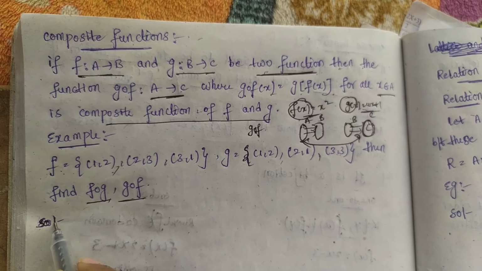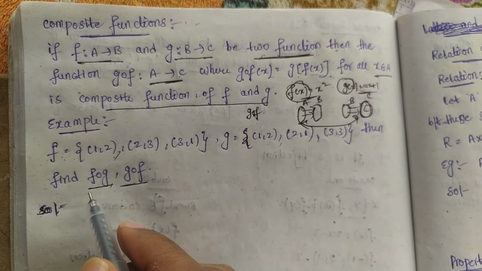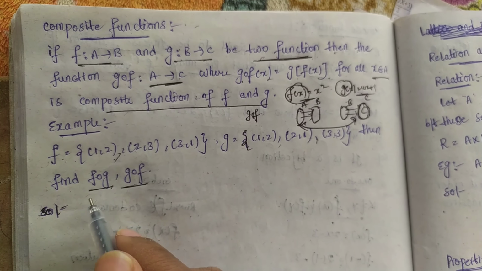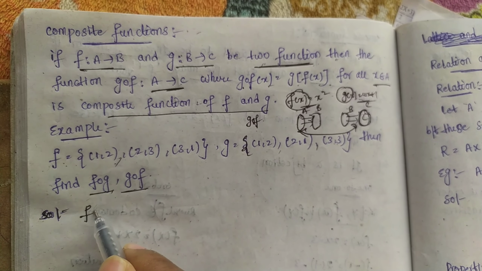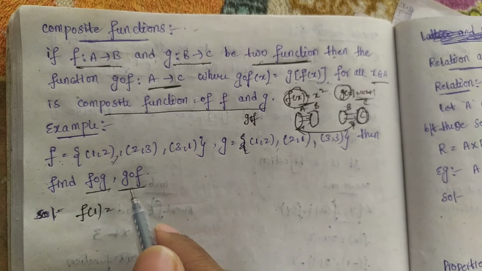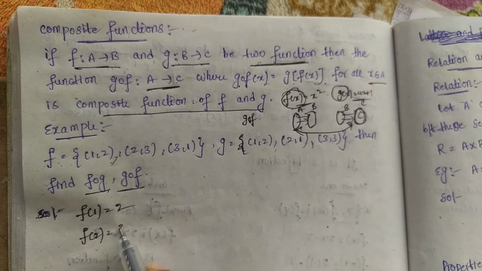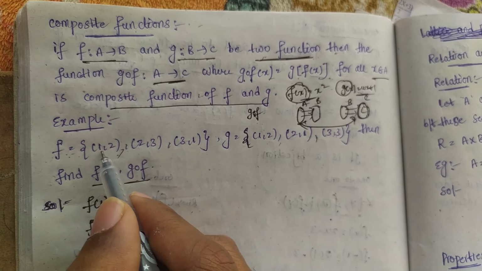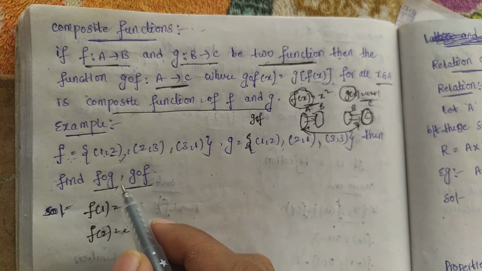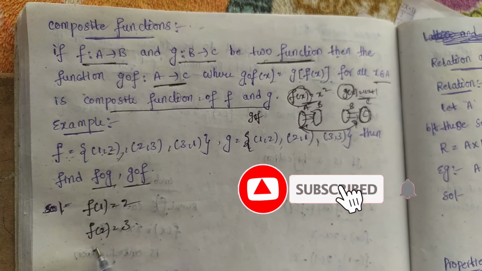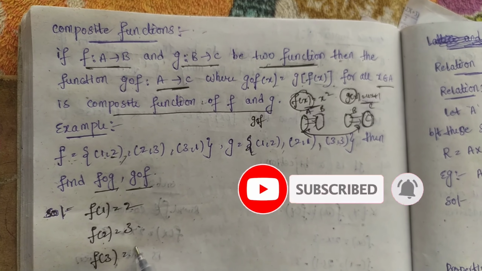First of all, take f(1): what is the value? It is 2. f(2) is 3. You can see f(1) is 2, f(2) is 3, and f(3) is 1.